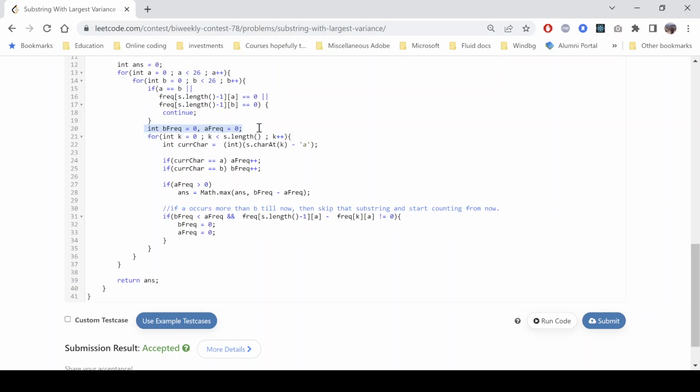Now, if the frequency of A is greater than 0, that means the character having minimum frequency is present here, then all we do is update our answer.